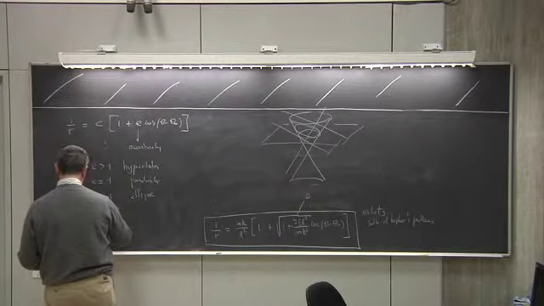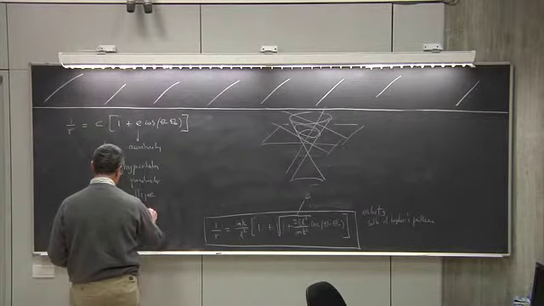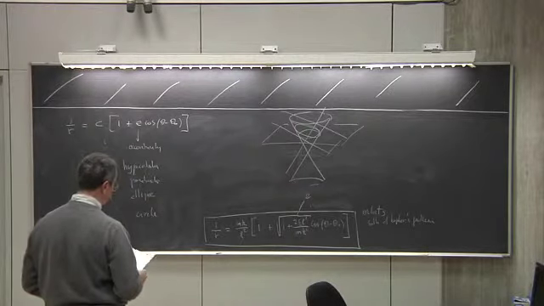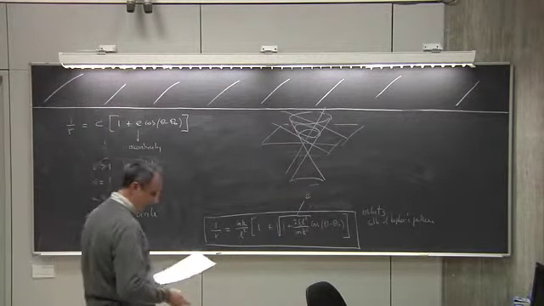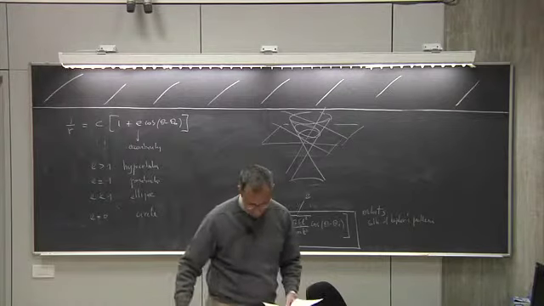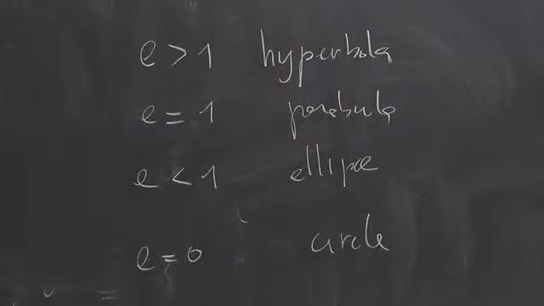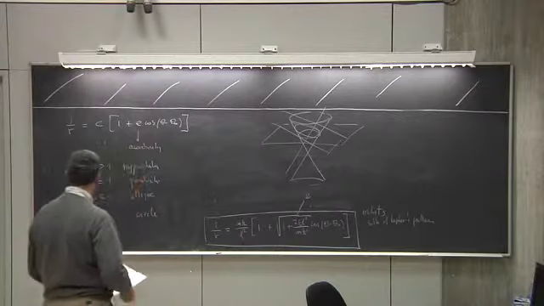And if it's exactly equal to 0, you have a circle. Okay?